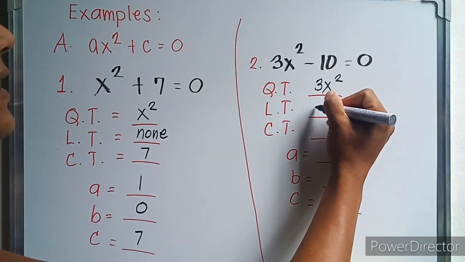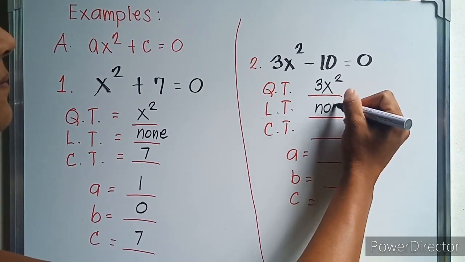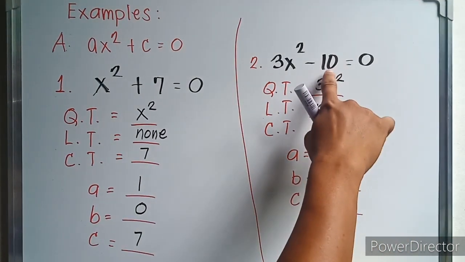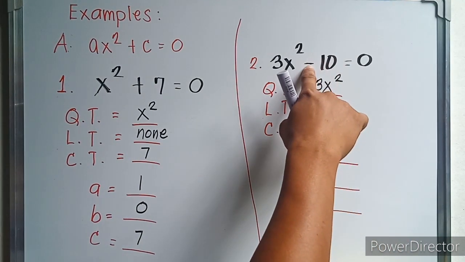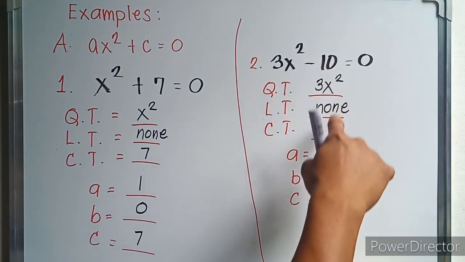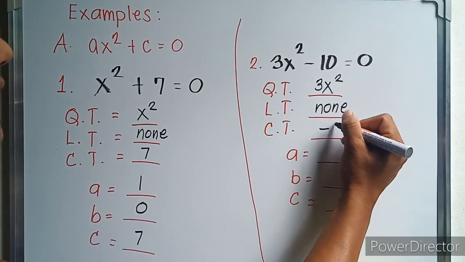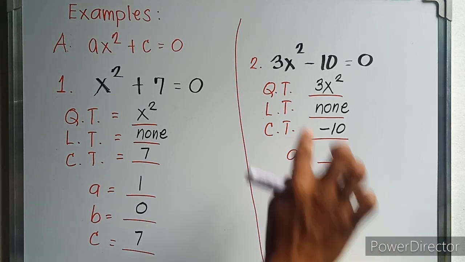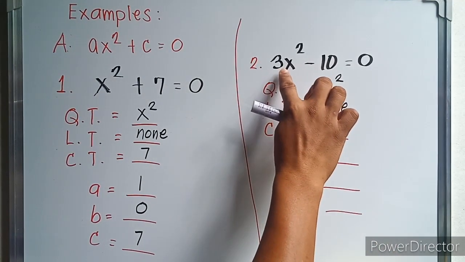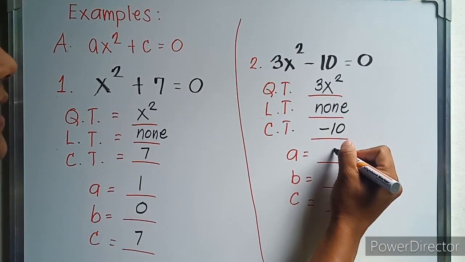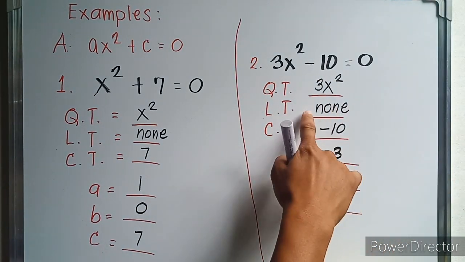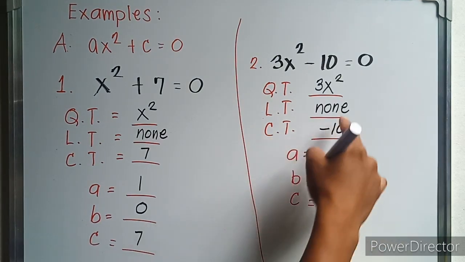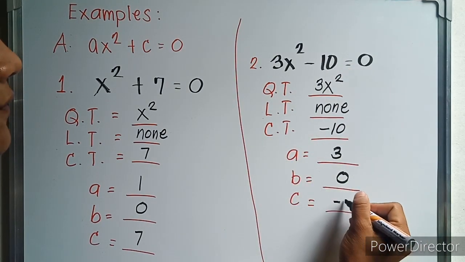There is no bx, so there is none. How about the constant term? The sign in front of 10 is negative, so our constant term is negative 10. And for our coefficients, for the quadratic term, a, that is 3. For our linear term, that is 0. And for our constant term, c, that is negative 10.